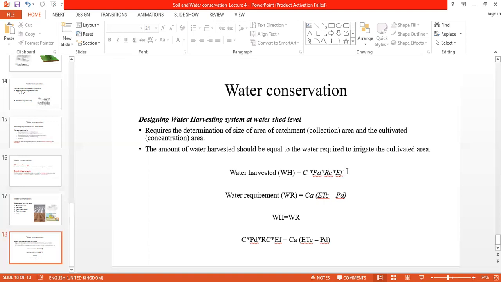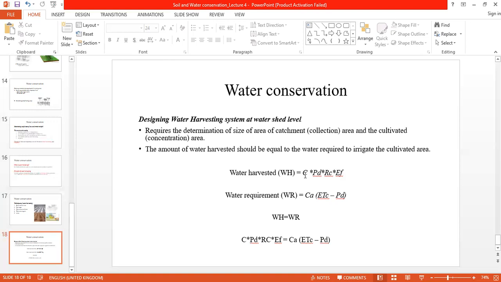We also multiply it by the efficiency. As the water is moving to your field, some of it will evaporate, so not all of it that runs off is going to reach your field. That is accounted for in the efficiency. So this water now you've harvested has come to your field.